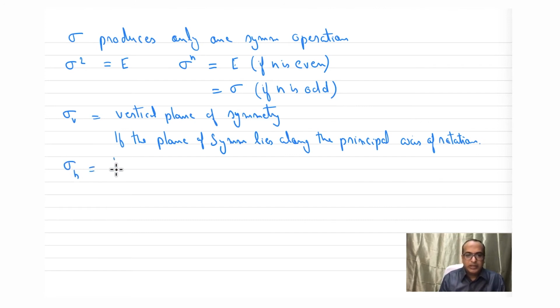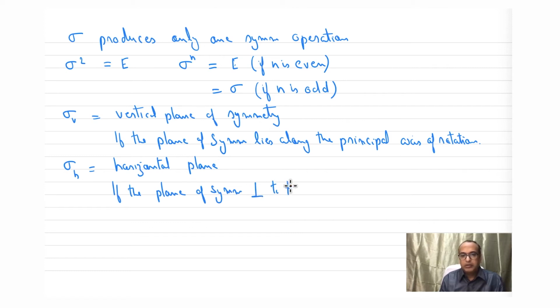Sigma h, that is the horizontal plane. By definition, you can make out that if the plane of symmetry is perpendicular to the principal axis of rotation, it is called the horizontal plane of symmetry, right?